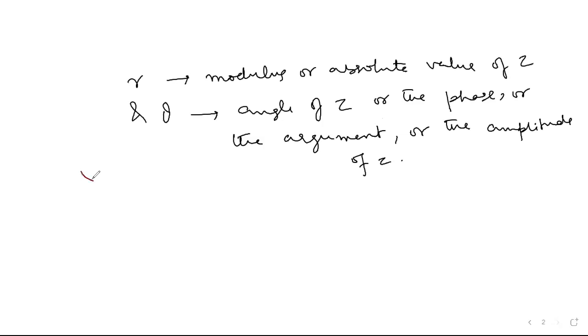Now in symbols, we write real part of z equal to x. This denotes real part of z. We write Re z.